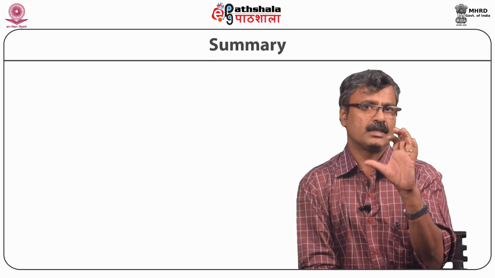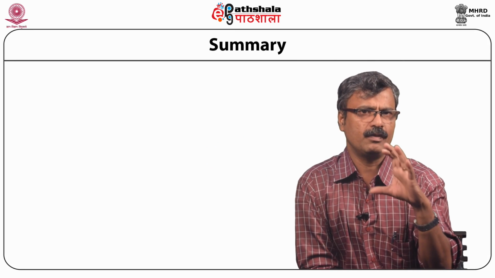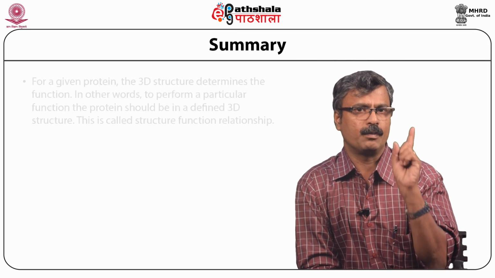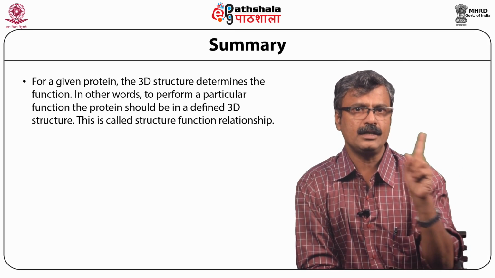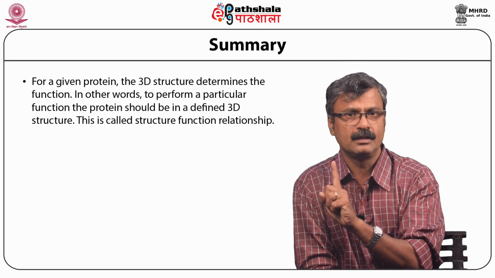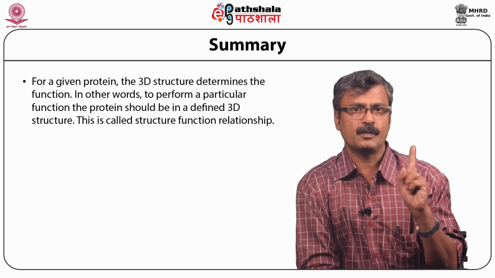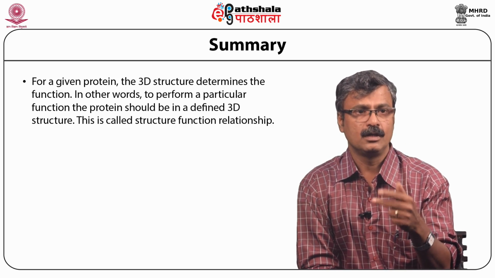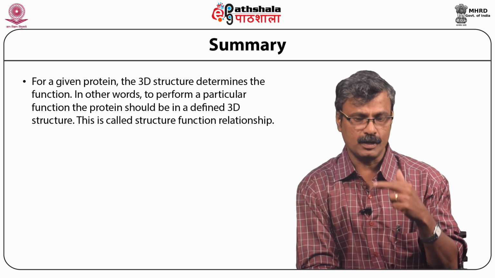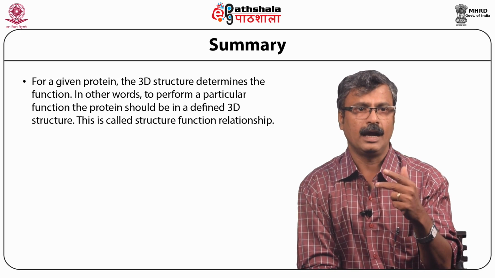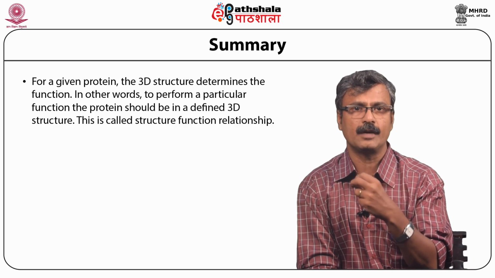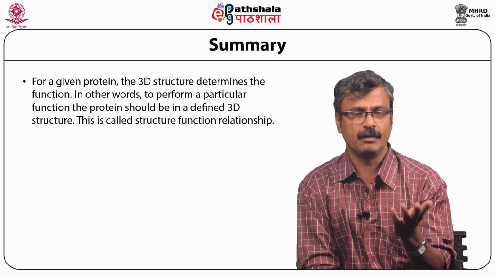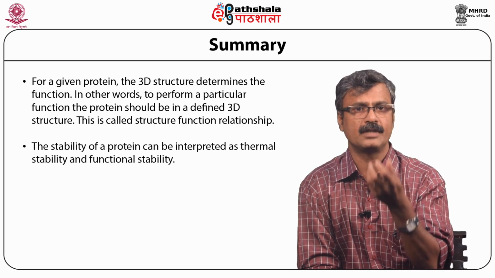And then here we summarize whatever we have learned so far. For a given protein, the 3D structure is important to explain its function. To get the structure, we have to crystallize the protein. To crystallize the protein, it should be highly soluble and all disordered portions should be reduced, meaning the protein should be mostly stable.